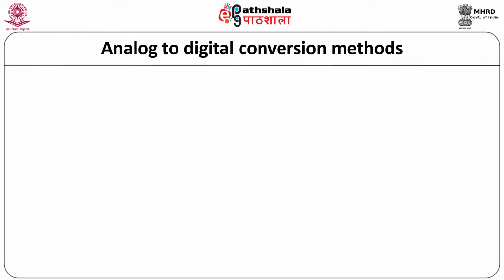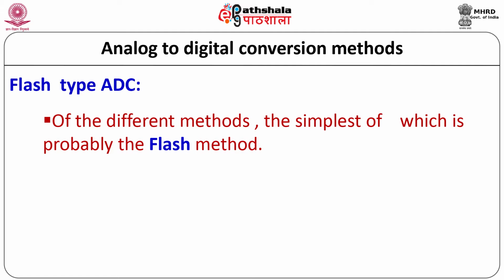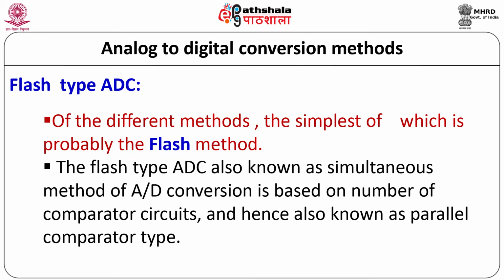In this module, the first method, which is the simplest and probably the fastest, the flash method, is studied. This flash type of ADC is also known as the simultaneous method of AD conversion. It is based on a number of comparator circuits, and hence the method is also known as the parallel comparator type ADC.